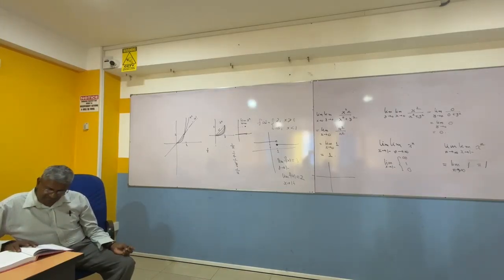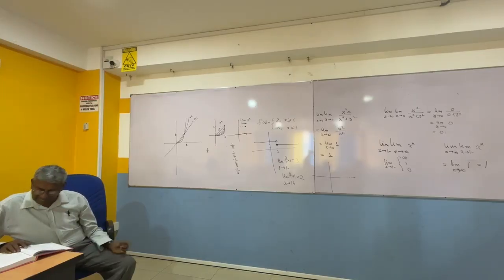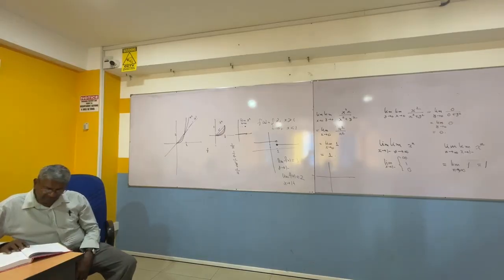This is tan inverse of (x minus y), with x going from minus infinity to plus infinity. If you plug in infinity, arctan infinity is pi by 2, no? And minus infinity gives minus pi by 2. So pi by 2 minus minus pi by 2 is pi.